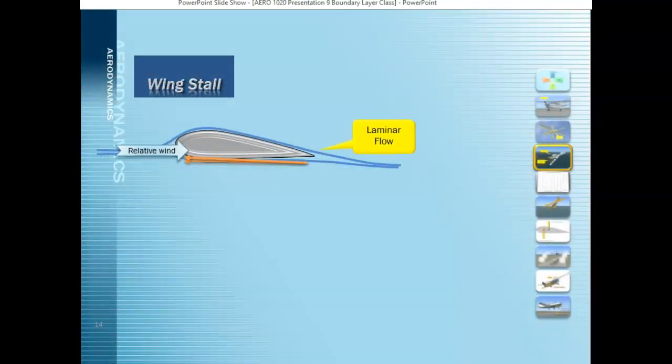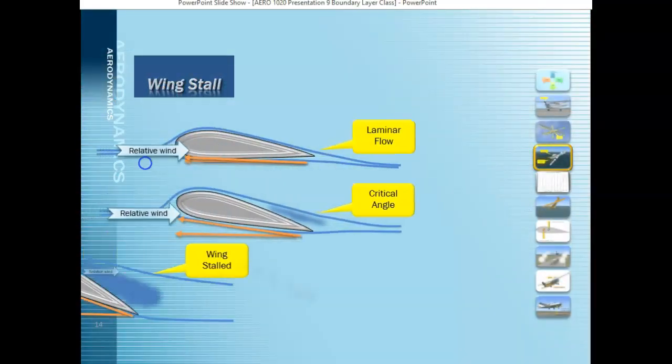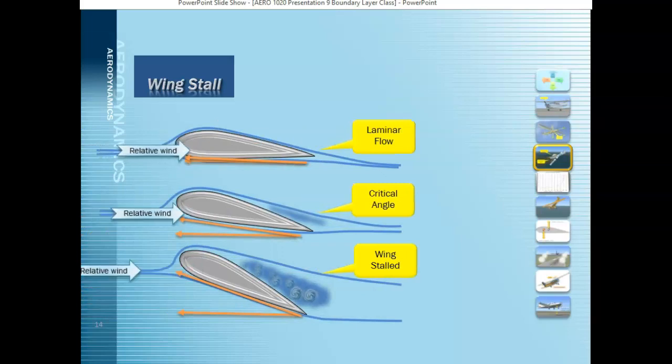In these three examples, you can see an airfoil at different angles of attack. At a low angle of attack, the laminar flow extends almost all the way back to the trailing edge of the wing. And then as the angle of attack is increased toward the critical angle of attack, you can see the turbulent flow starting to form at the trailing edge of the wing, and then moving forward closer to the leading edge until the wing is stalled.